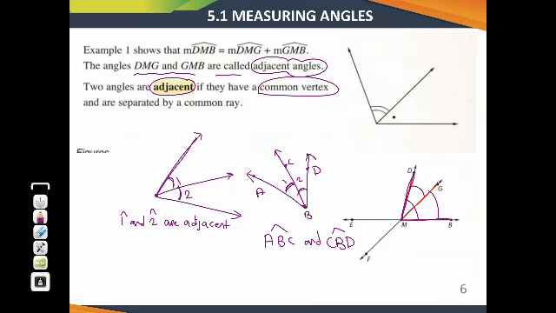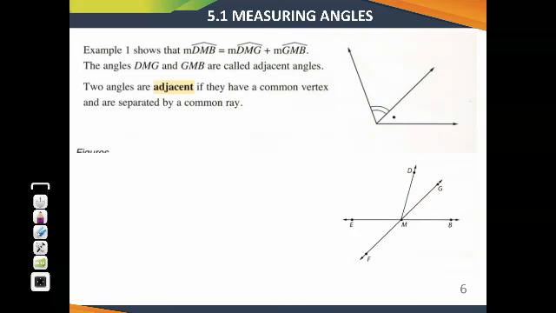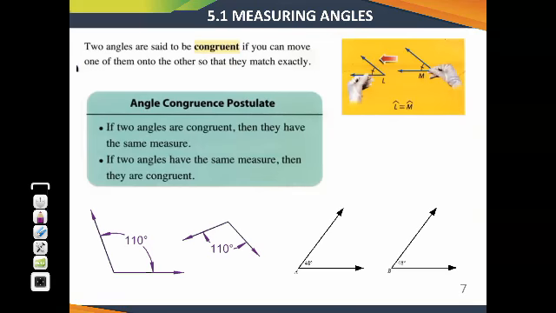They have the same vertex and are separated by a different ray. So we can say they are adjacent. This is adjacent angles. For example, in here, this angle with this angle, are they adjacent or not? We have the same vertex for both angles, so they are adjacent.